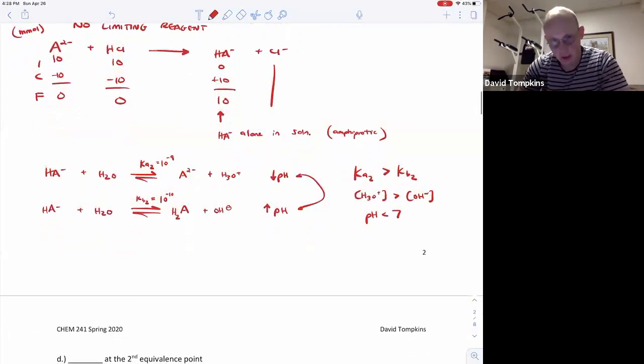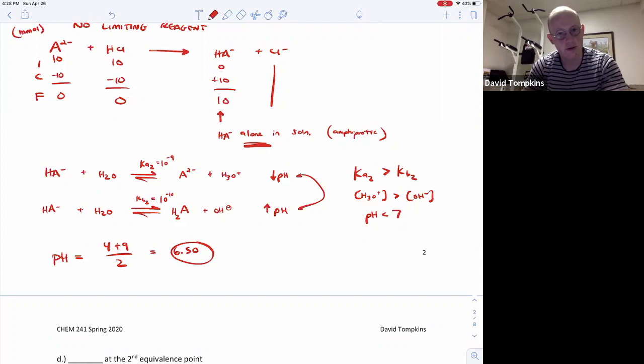The way that you do that is by using a very simple pH equation. When you have an amphiprotic species alone, by itself, it's always the average of the pKa's that best predicts the pH. And remember, this is an approximation of the true amphiprotic equation or the isoionic equation, but it's quite close. So you're going to get 6.5. And that agrees with our prediction that the pH should be less than 7.